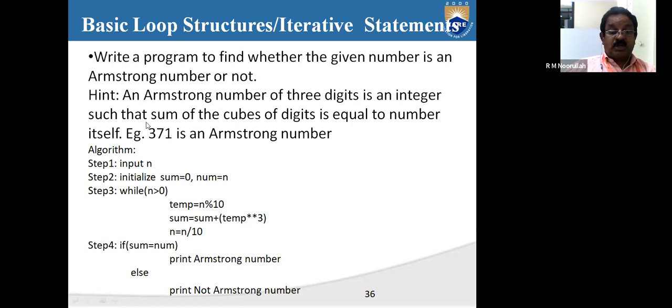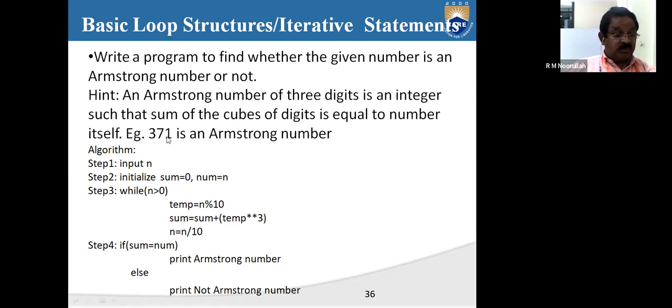Say for example, now you have taken 371. 371 is an Armstrong number. How? That is 3 cube plus 7 cube plus 1 cube. What is 3 cube? 3 into 3 into 3, which is 27.